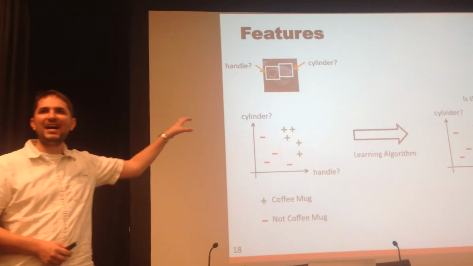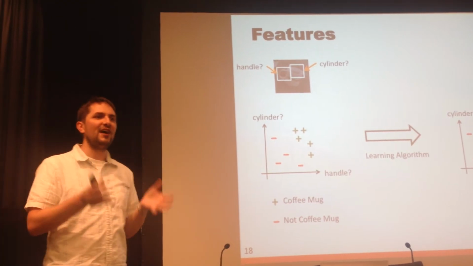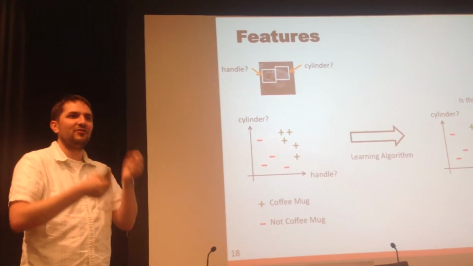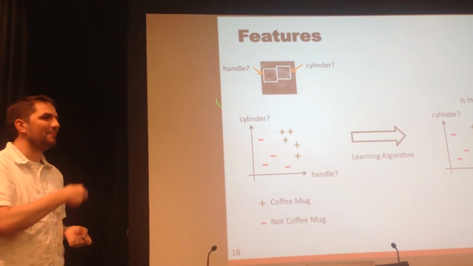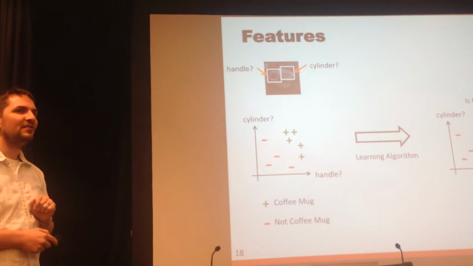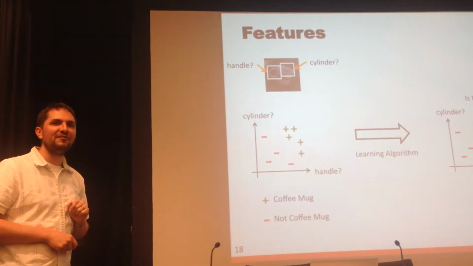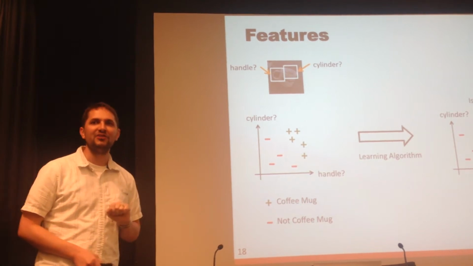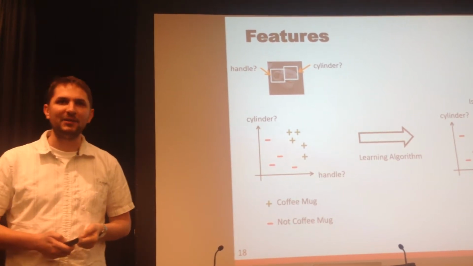This is why we bother to create these feature extraction systems. What we're trying to do is engineer a transformation, some way to re-represent that coffee mug by finding handles and cylinders and what have you, so that our machine learning algorithm at the very end can do really well. So this is the more detailed picture of why we actually go through that big pipeline.